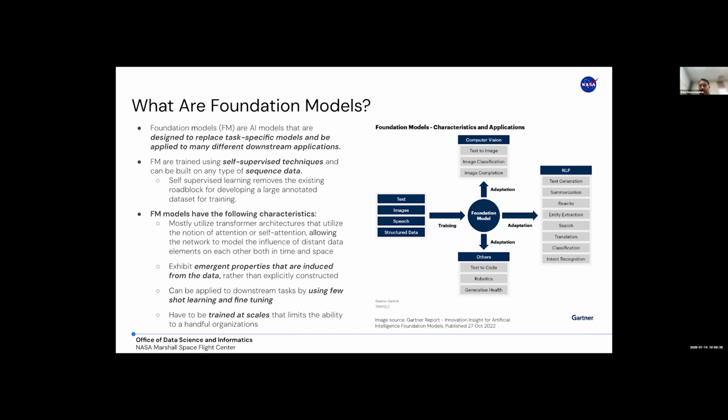An interesting thing is, we've seen emergent properties in language. The question on the science side becomes, when you're training these models on scientific data sets, what is it learning? Is it learning the characteristics of the instrumentation? Is it learning the underlying dynamics? Is it learning the underlying physics that's there in the data? So it opens up new avenues of explainability that we need to address.